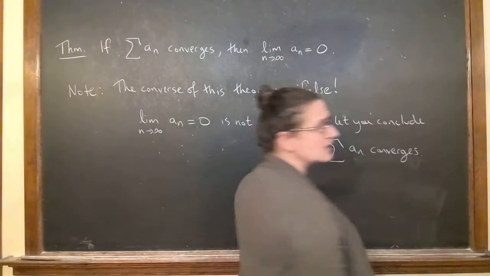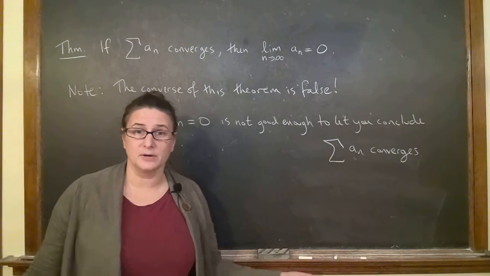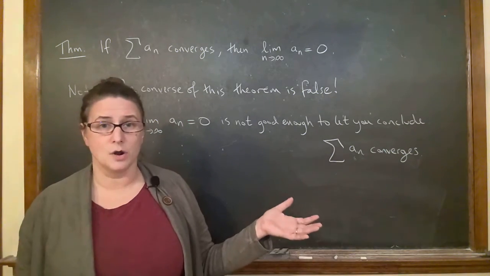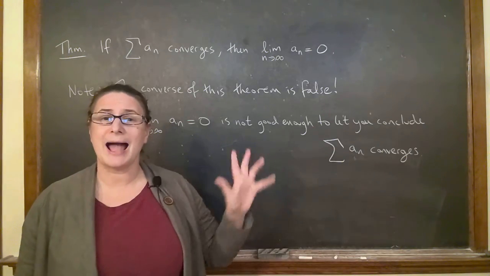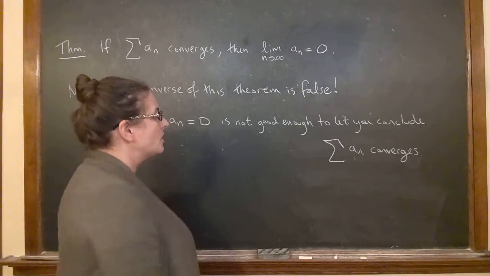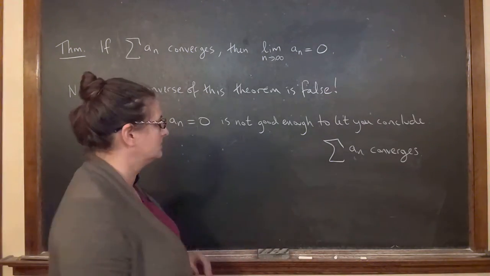And our counterexample is precisely the harmonic series that we did in a previous video, right? 1 over n goes to 0, no problem, but once I start adding them up, it ends up growing without bound. So that's a really good one to remember.